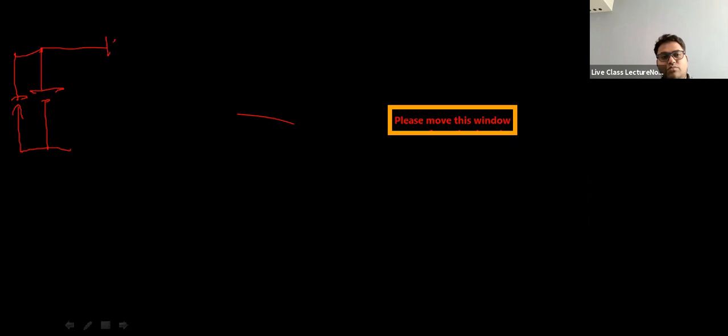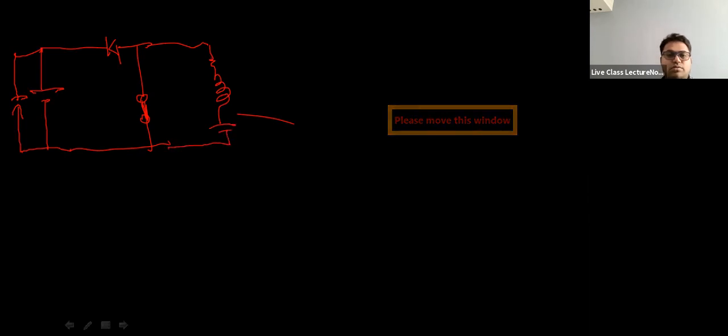So you have two modes here. One is when this switch is on, right? So when the switch is on, what is happening? The back end is trying to magnetize the inductance here by sending a current like this.